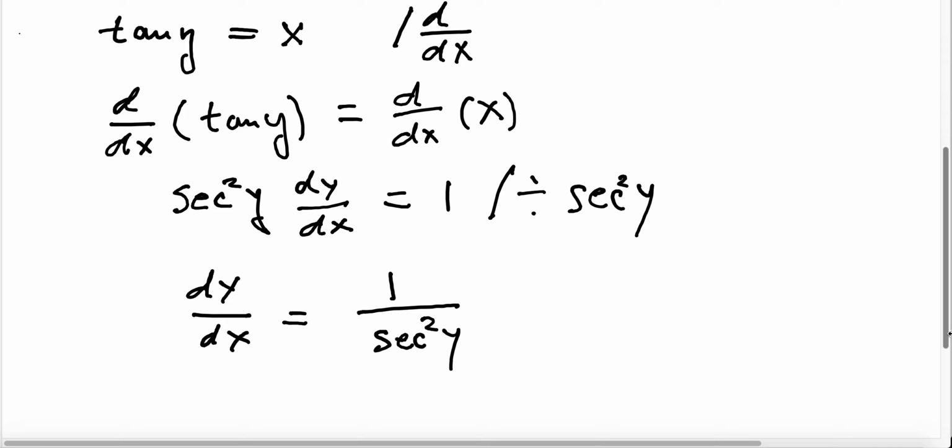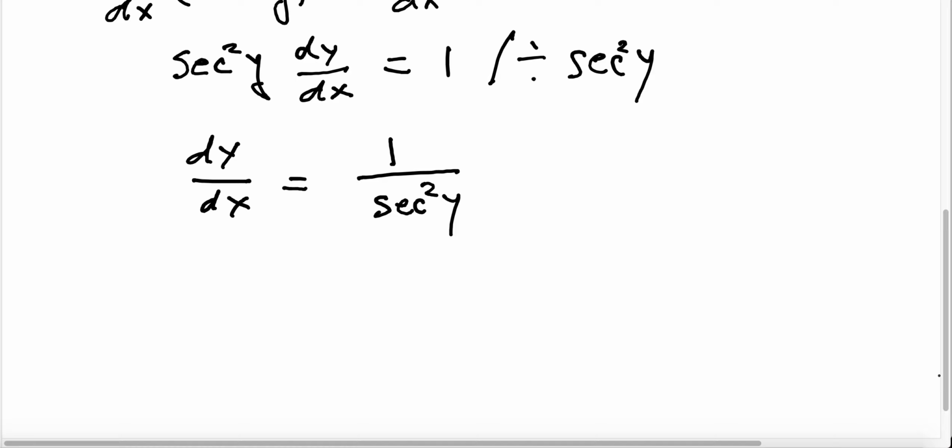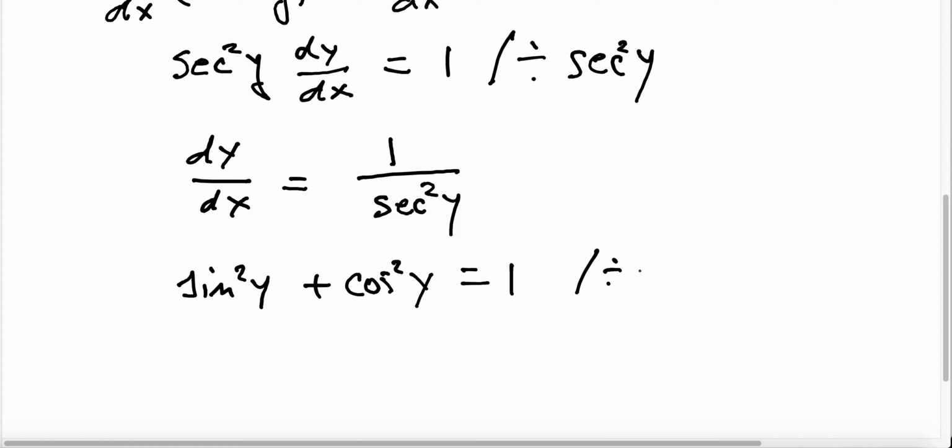And now the trigonometric identity we know is sine squared y plus cosine squared y is equal to 1. And if we divide this by cosine squared y, we are going to get as follows.